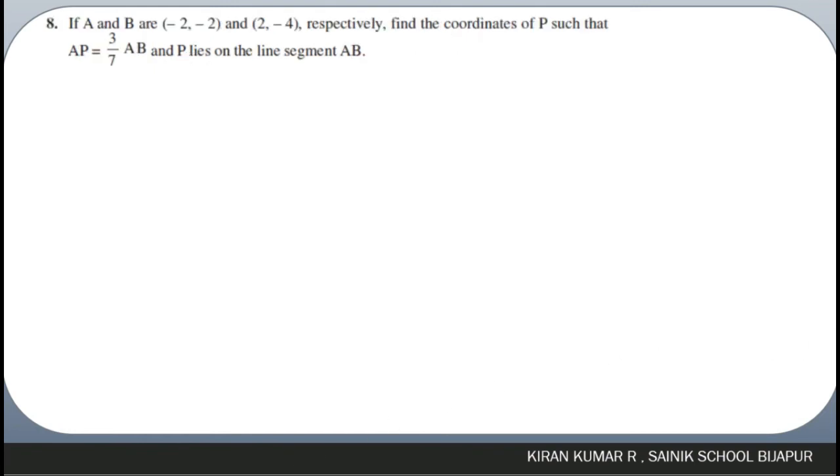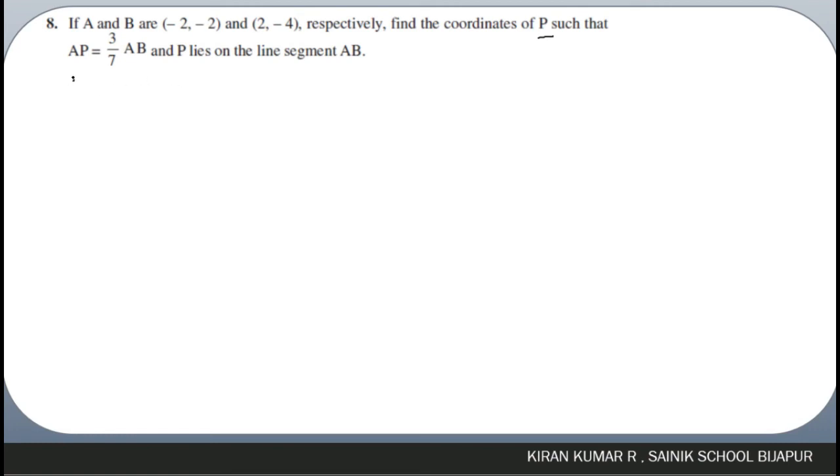Question number 8. If A and B are (-2, -2) and (2, -4) respectively, find the coordinates of point P such that AP is 3 by 7 times AB. It means that the ratio AP is to AB will be 3 is to 7 and point P lies on the line segment AB.